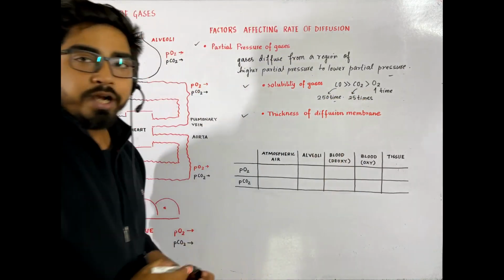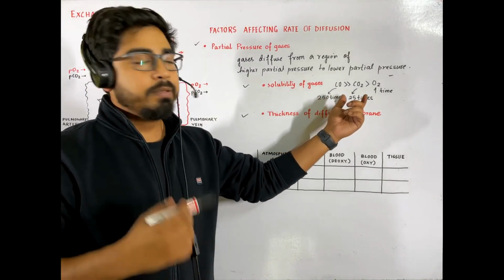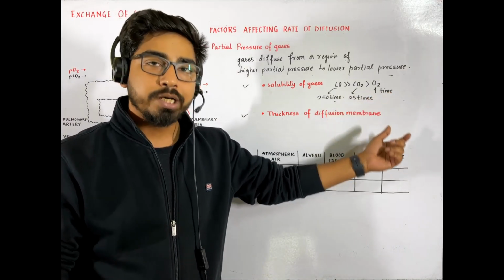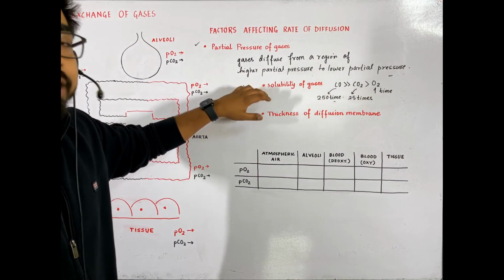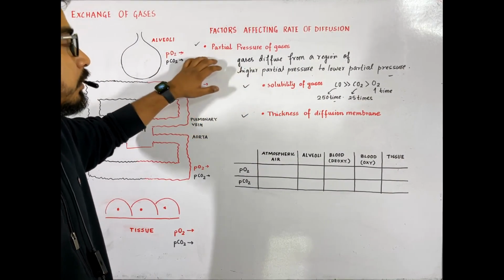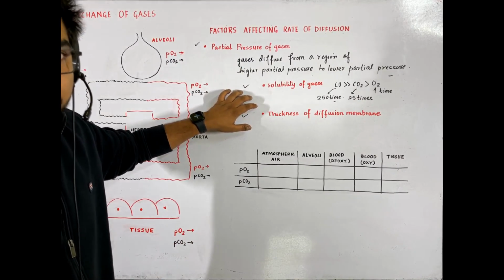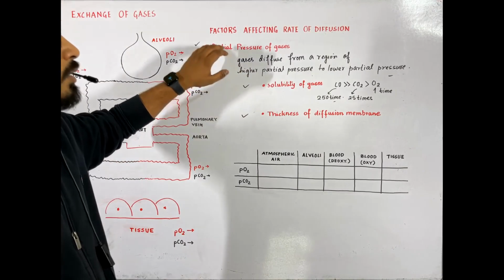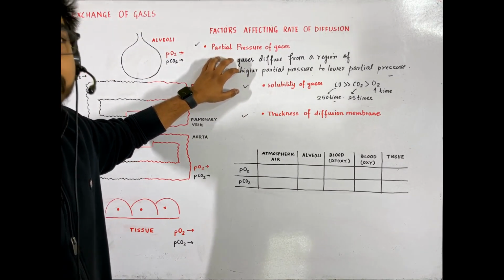So the rate of diffusion of carbon monoxide will be high, carbon dioxide will be less, and oxygen will be much less. It depends on the solubility of the gas, but you also have to consider these two factors. You can't consider only this factor. Solubility can be high, but you also have to consider the partial pressure. If you don't consider the partial pressure, then it will be a problem.